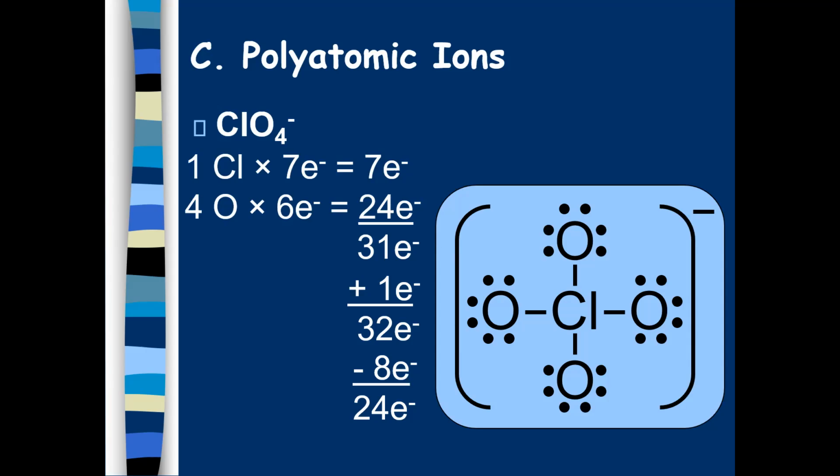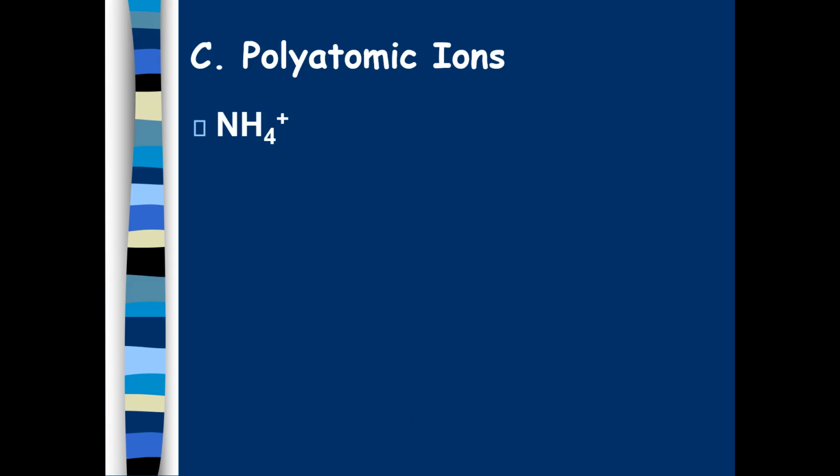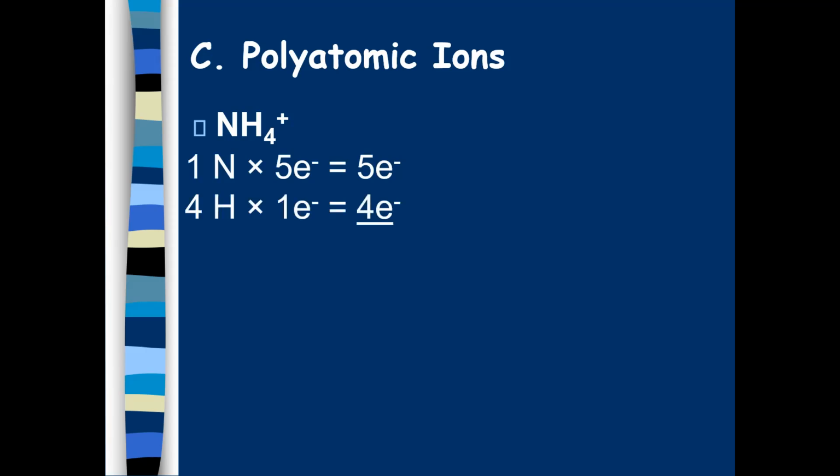All right. Next one, we have a positive one. Okay, so same thing. 1 nitrogen times 5 because nitrogen is in group 5, and 4 hydrogens times 1. That gives me a total of 9. 9 electrons is an odd number again, but we have a positive charge, which means we need to subtract an electron.